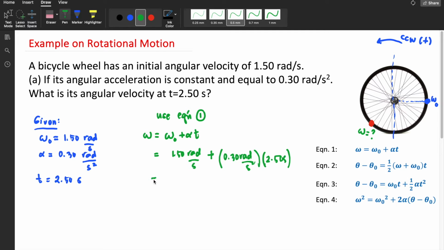So the answer is simply 2.25 radians per second. Yes, it is expected to be greater than 1.5 since the particle is accelerating rotationally. Okay, since this is positive.